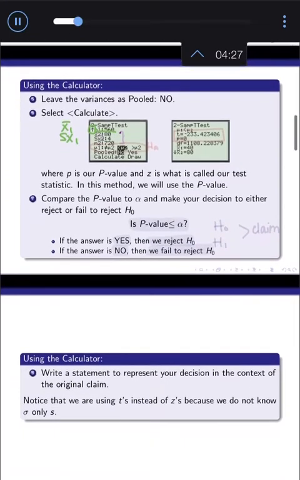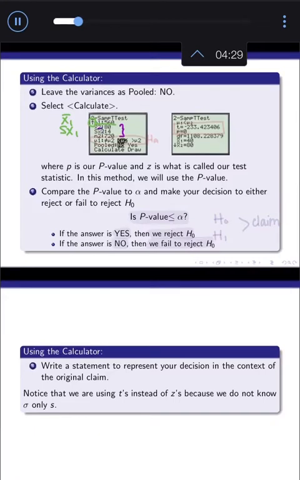Then you can also see the second group, the sample mean for the second group, the sample standard deviation for the second group, and the sample size. Then you can enter in whether or not it's two-tailed, left-tailed, or right-tailed based on your HA, your alternative. We're going to always leave this last part where it says, is your data pooled, as a no. So just don't touch that, leave it as no. And then we will move on and select calculate.